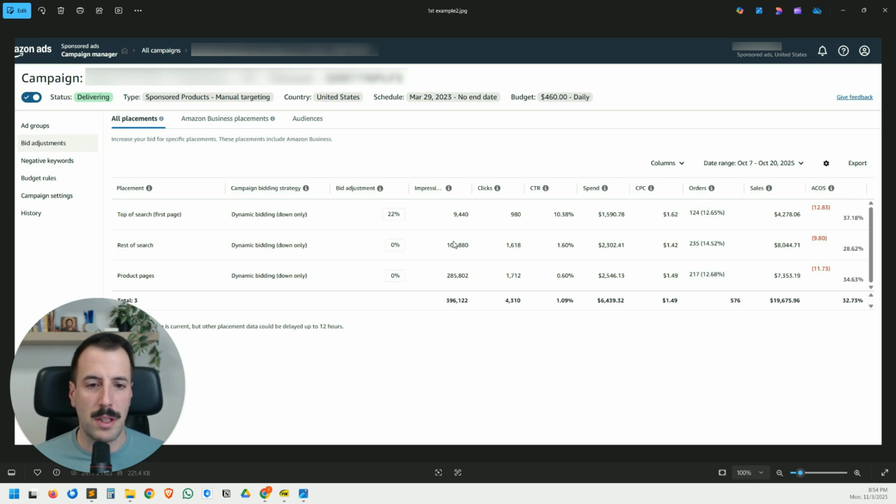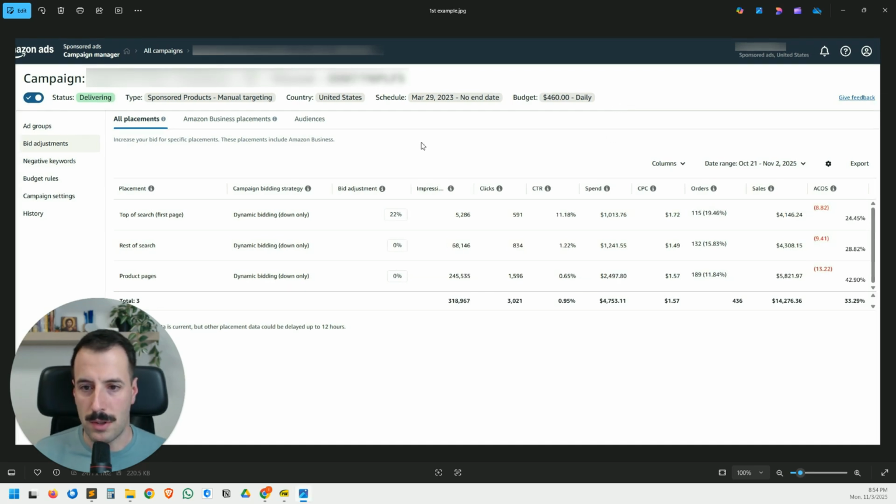And then you will see what the data tells us when we started to have a good campaign structure. So this is with two ad groups inside, and this is the new structure, only a single ad group. And you will immediately see a lot of optimization opportunities here.